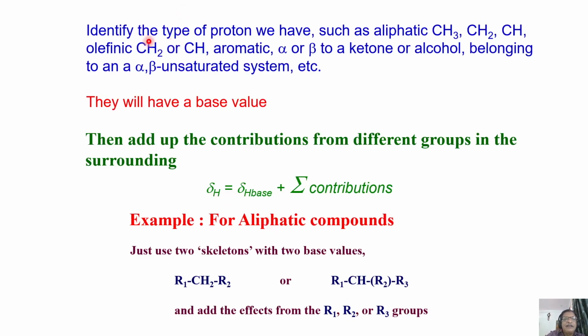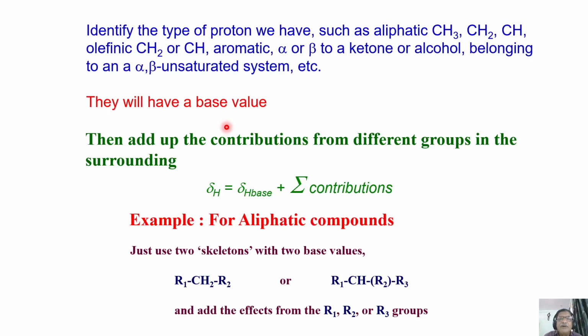What I said is, for example, if you want to identify the type of protons we have, like aliphatic, olefinic, aromatic, ketone, alcohol, many things could be there. For this type of proton, what Schoolery said is, there is a base value of chemical shift for all those things. Take a base value. How do you get the base value? It is already there.